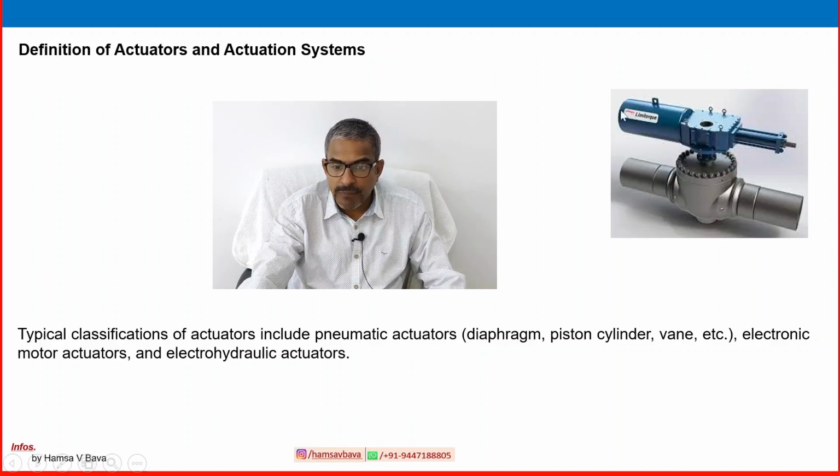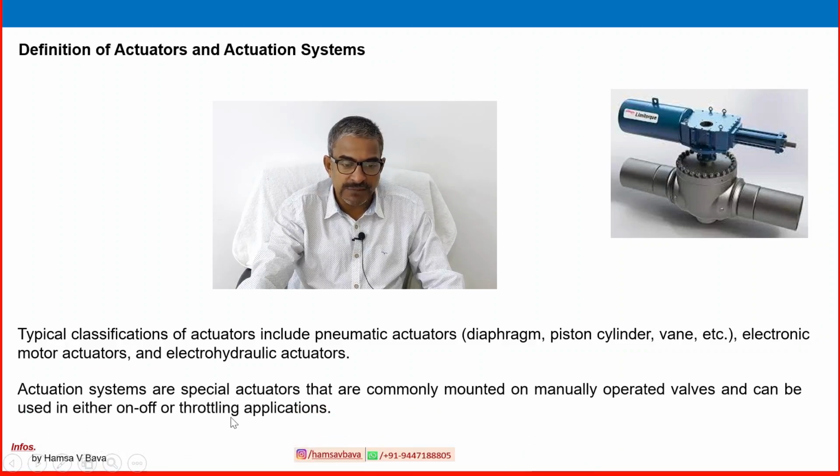Here, this is the actuator system, this is the valve system. So diaphragm, piston, cylinder and vane. Some of them we will study in detail. The different types of diaphragm and piston actuation systems, we will go through in design and operation in detail.